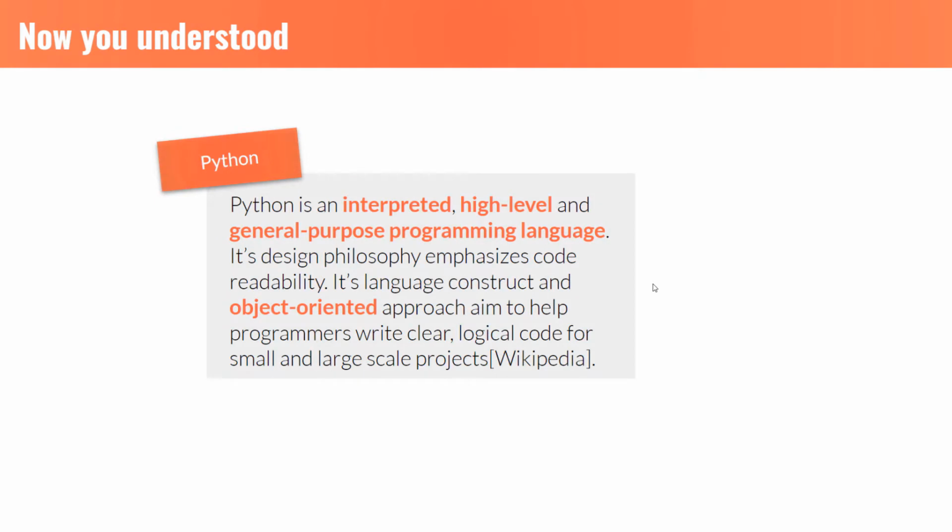So now you have understood that Python is an interpreted, high-level, and general-purpose programming language. Its design philosophy emphasizes code readability. Its language constructs and object-oriented approach aim to help programmers write clear, logical code for small and large-scale projects. One of the most important things about Python is that it's beginner-friendly.